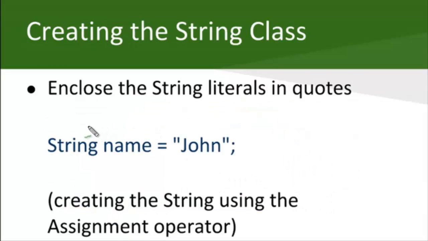Now how does one go about creating a string? So for example, your string is John. First you start with defining the data type, say String. We all know that we need to create a string, so we'll first write String, then we'll write the name.